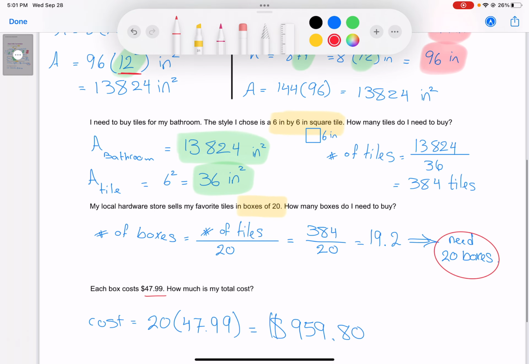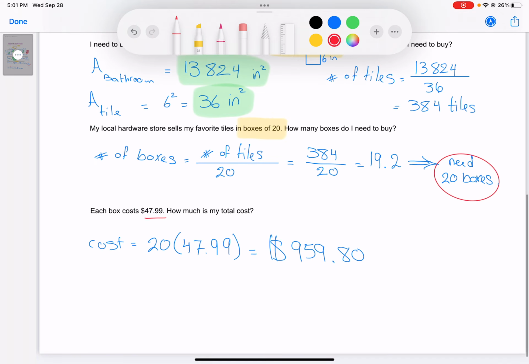Once you do that, you can find the number of tiles and the number of boxes required. In both cases, you have to round to a whole number. You have to round up to a whole number. And finally, to find the cost, you multiply the number of boxes by the cost of each box.